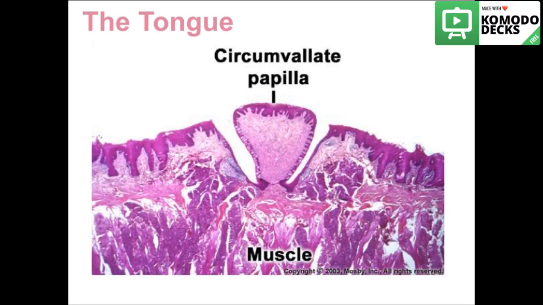Next is the circumvallate papilla with the raised edges. We see a lot of taste buds on the lateral surfaces, and the trench where the von Ebner's salivary glands empty.